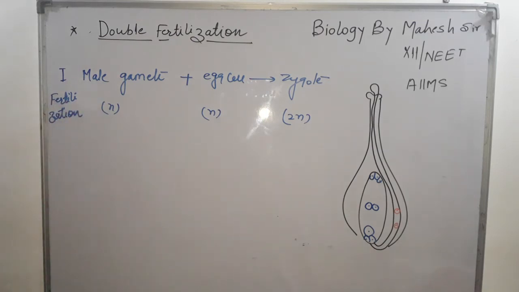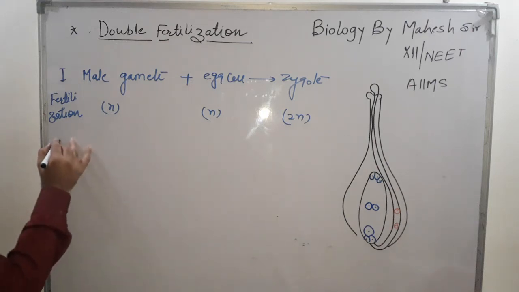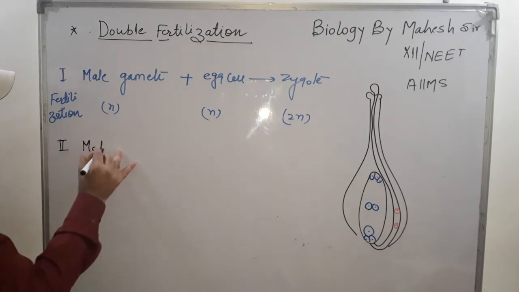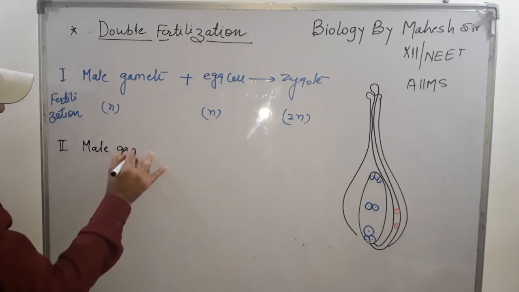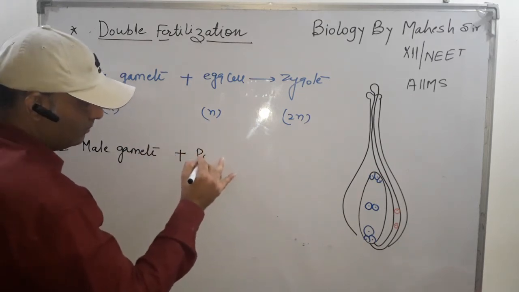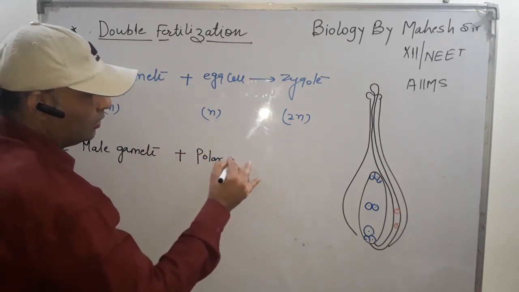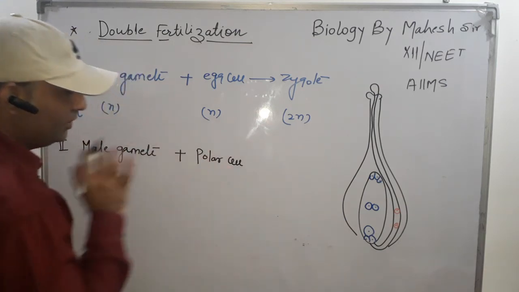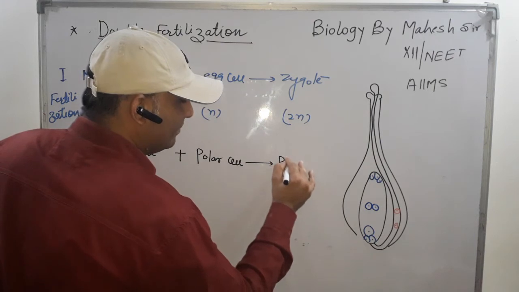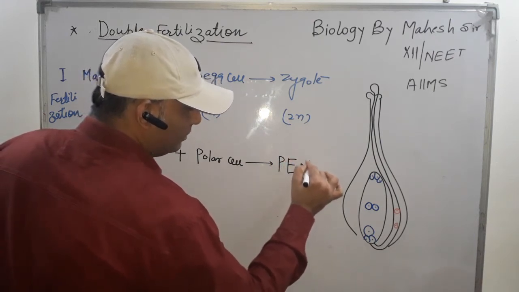Now we take the second fertilization. The second male gamete fuses with the polar cell or polar nuclei or secondary nucleus and then converts into the primary endosperm nucleus.